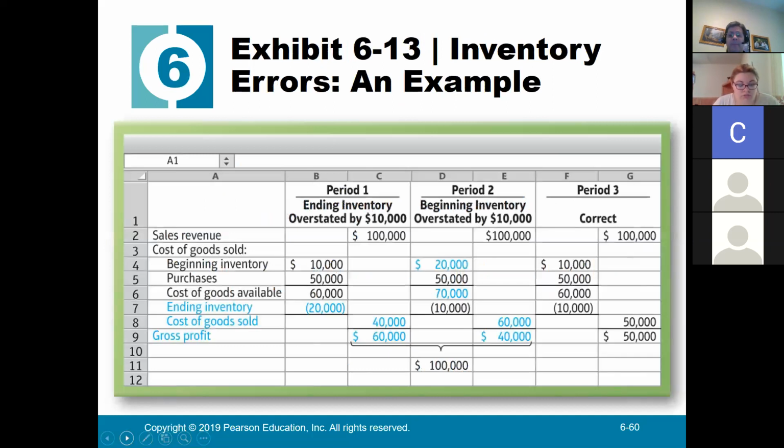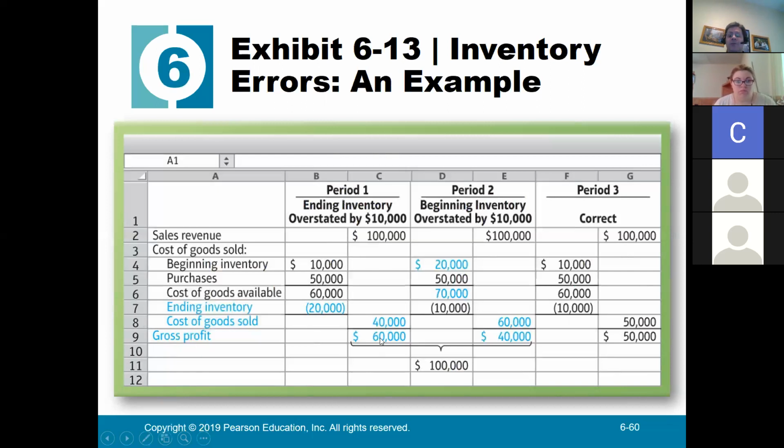So here's an example. We have period 1, and ending inventory is overstated by 10,000. So your inventory was 20,000 when it should have been 10. But we didn't know that at the time, so we go on our merry way. We subtract the 20, and our cost of goods sold is wrong.